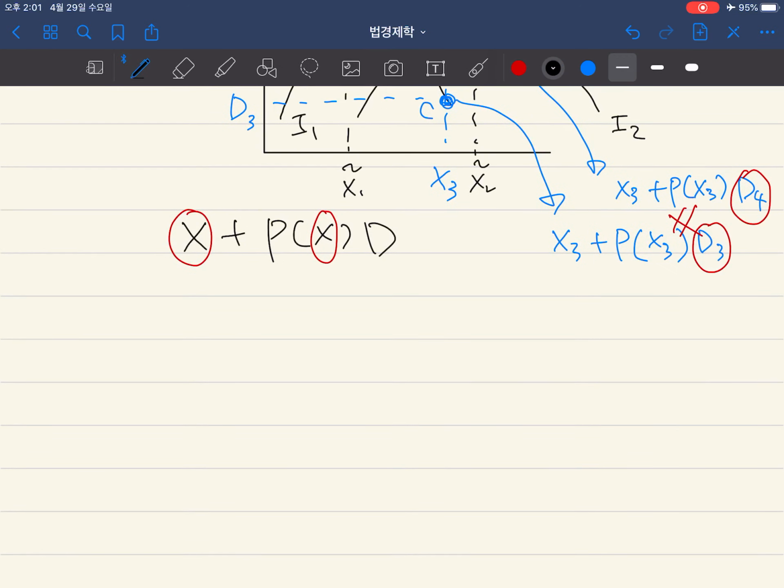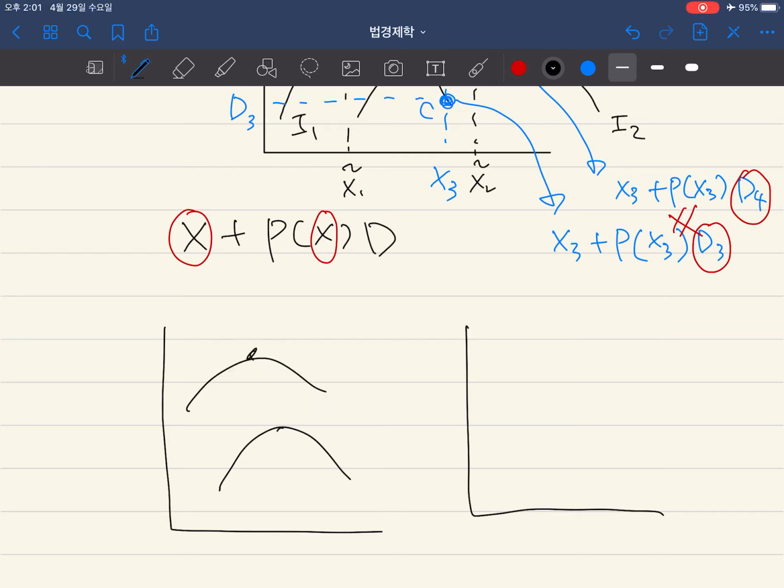So this is why in the previous note, I said either we have this kind of isocost curve, or we have this kind of isocost curve. Isocost curves cannot intersect each other, and the reasoning is exactly the same as for indifference curves.